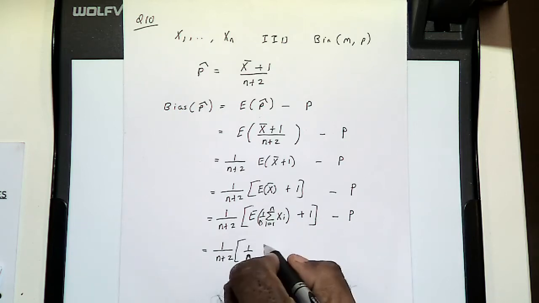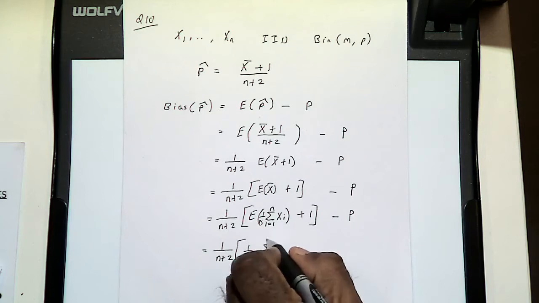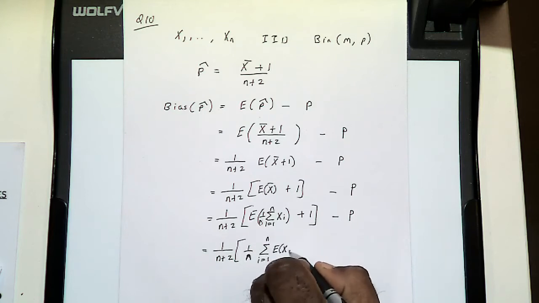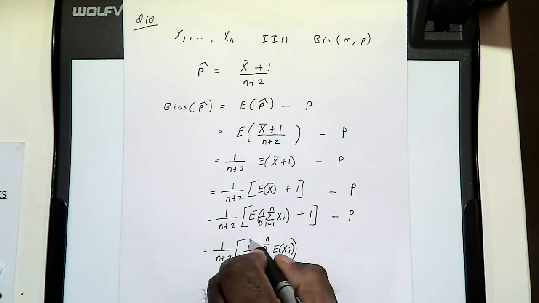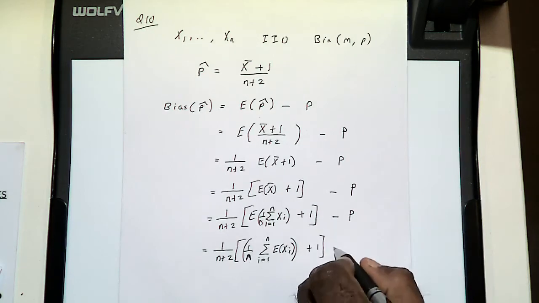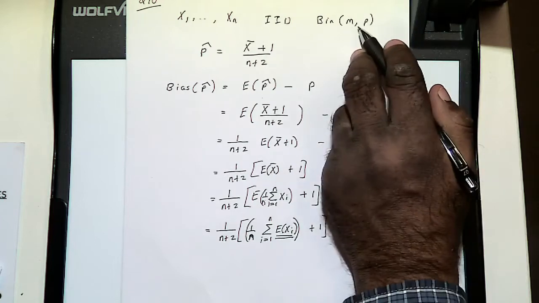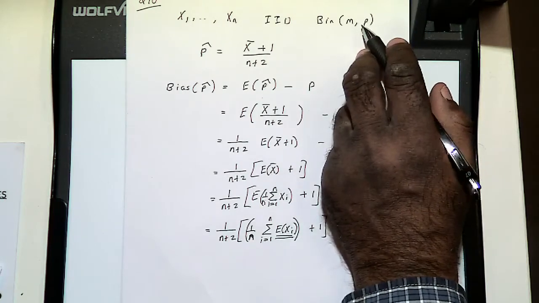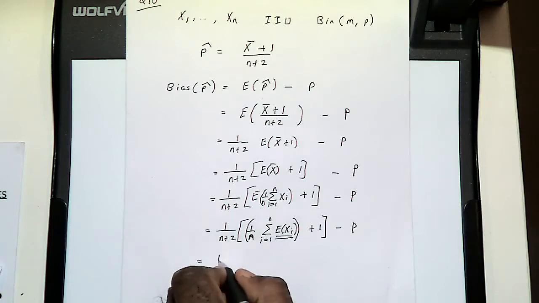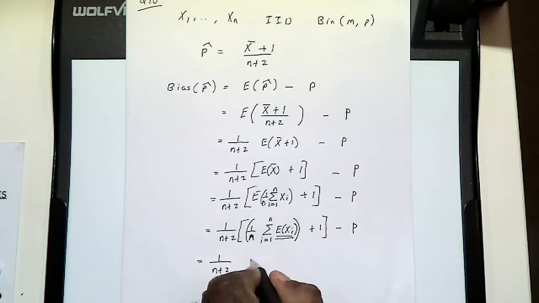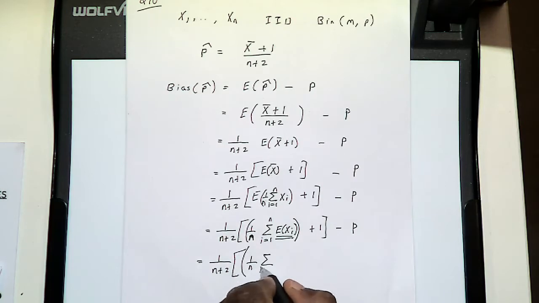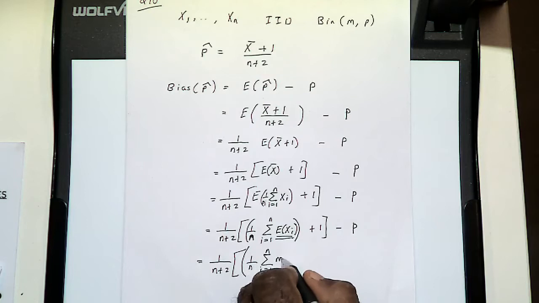Then you have the sum of the expectation of xi, plus 1 outside minus p. Now I'm sure all of you know the expectation of a binomial. Remember, the binomial is with parameters m and p, right? So the expectation is mp, right? So this is going to be m times p.